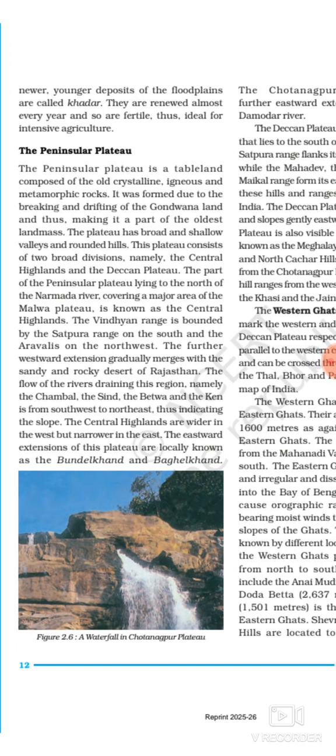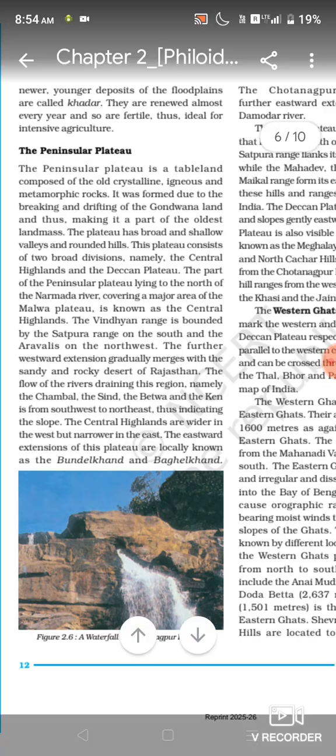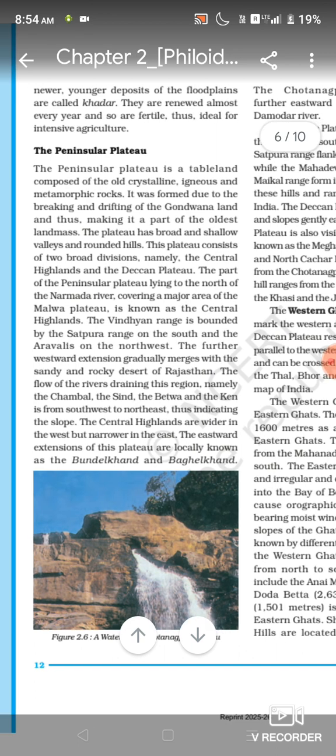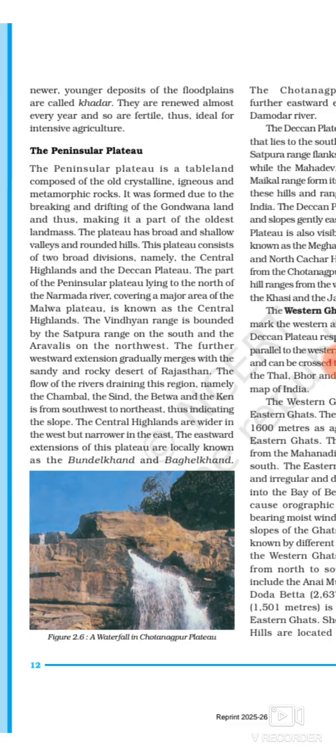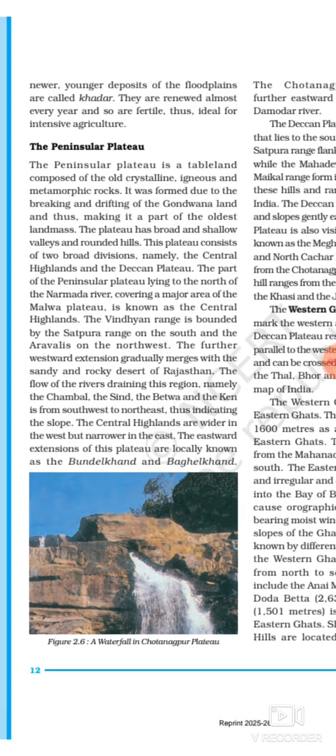The rivers draining this region, namely the Chambal, the Sind, the Betwa and the Ken, flow from southwest to northeast, thus indicating the slope.